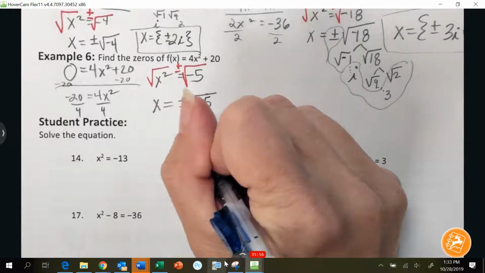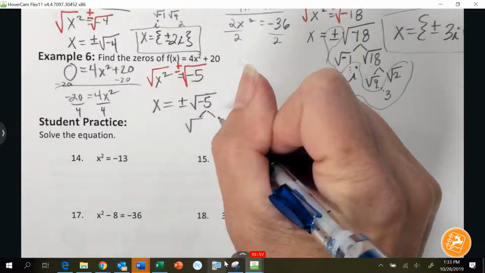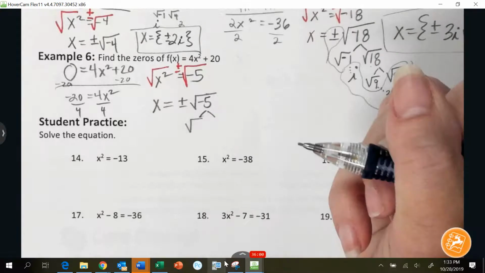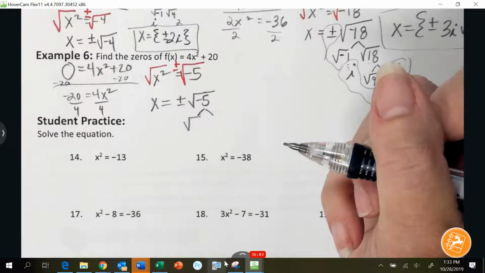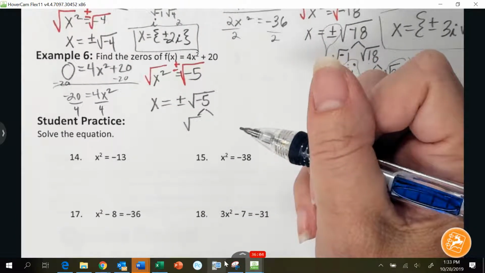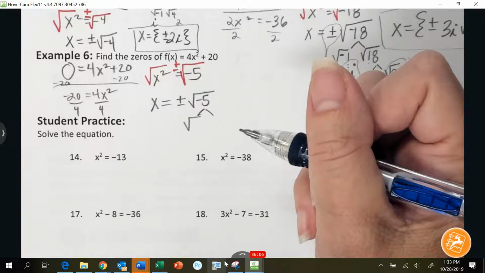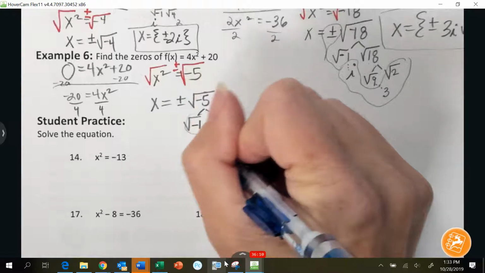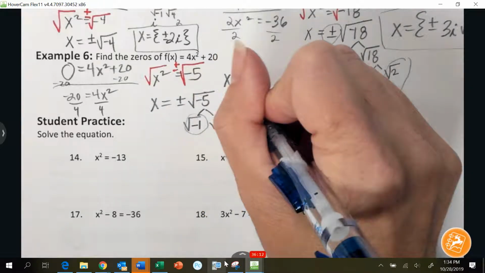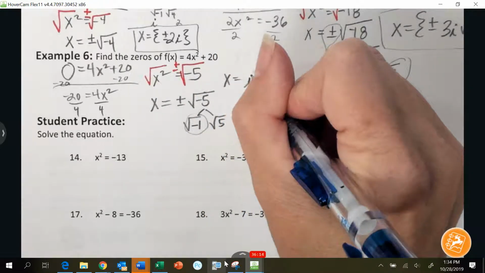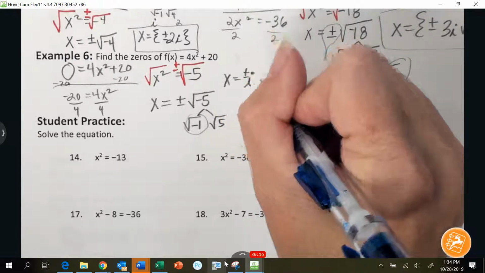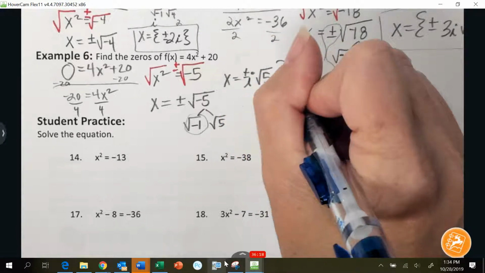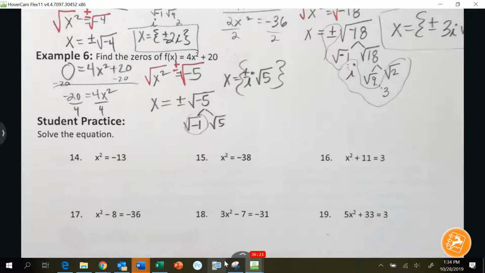And Noelle, do you know what's going to come first? Negative 1, and then square root of 5, so that negative 1 becomes i. Plus minus i square root 5. We really have to do the 1 and the 5? Yeah, you have to show that.